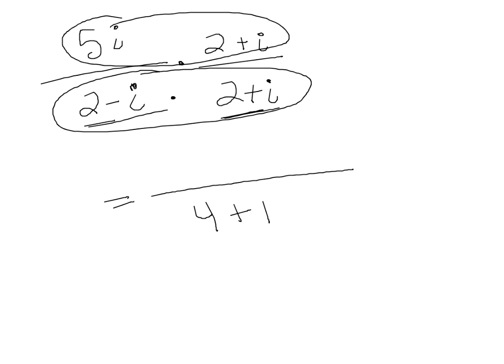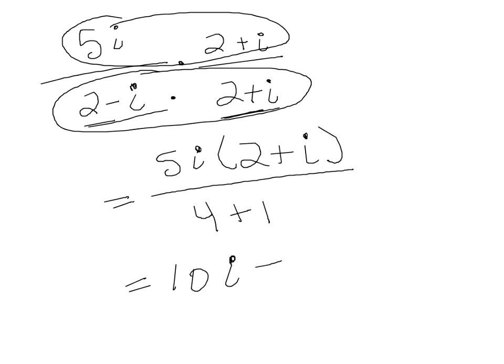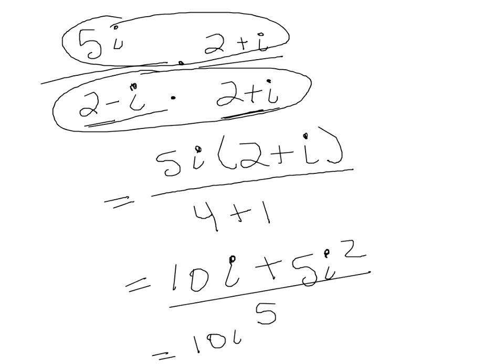And then on top, I multiply as normal. So 5i times 2 plus i. So that's 10i plus 5i squared over 5.